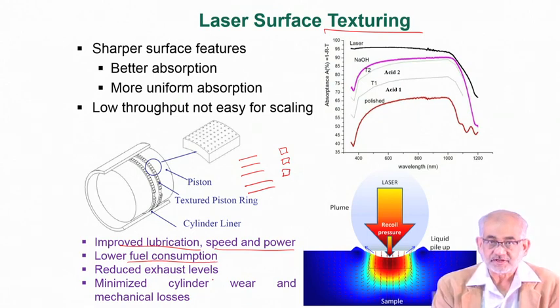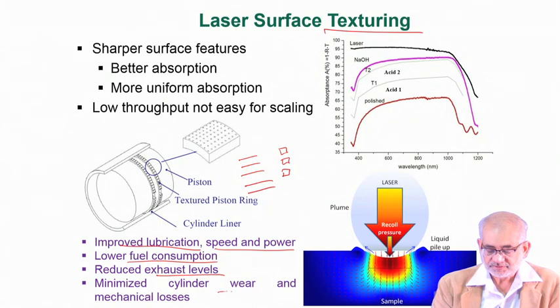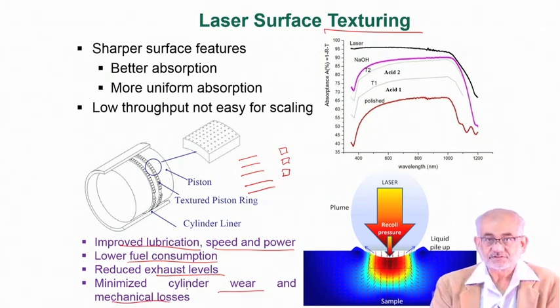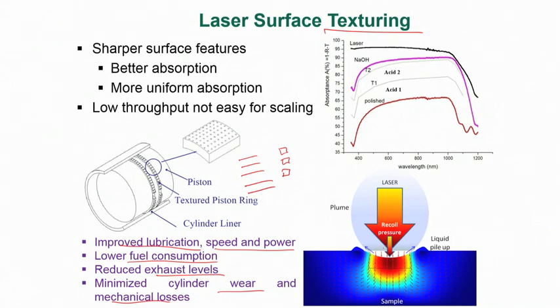So for any rotating parts, particularly let's say the engine blocks and so on, the pistons, the exhaust levels are reduced, and most importantly the wear and tear or the mechanical losses on the surfaces is reduced. When you do this with a laser, you create very localized evaporation or deformation from the surface. In case of a mechanical system, this deformation is spread wider.